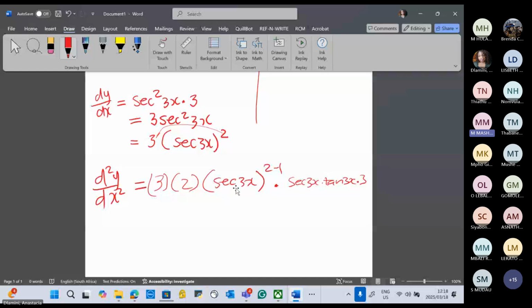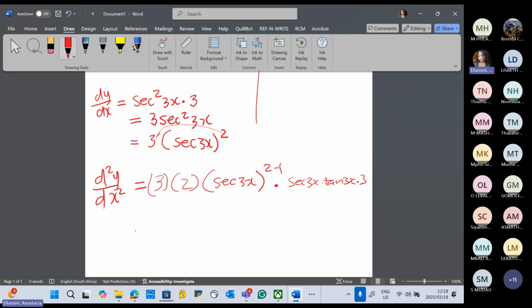Talking about that 3, it's the derivative of 3x. Yes, it's because the 3 is the last one to be differentiated. Do you see that? We're just doing step by step.